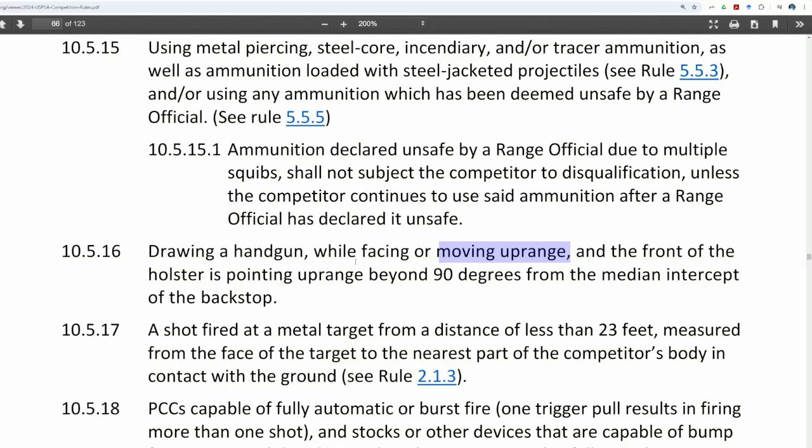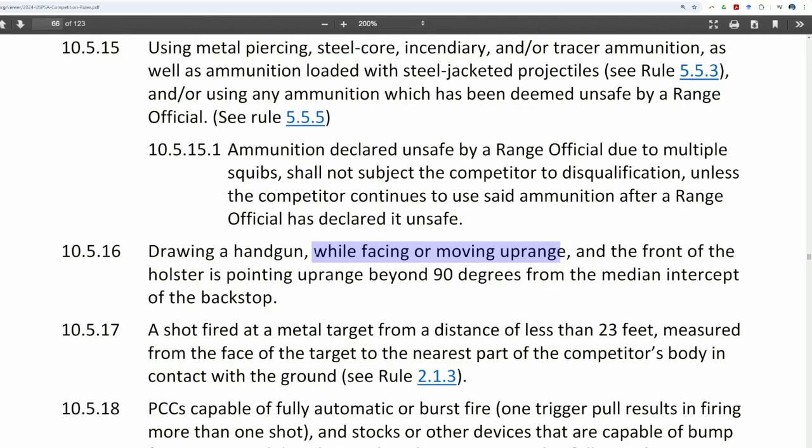So if you're an appendix carry person and somebody tries to DQ you under 10.5.16 especially for drawing, when you're not facing directly uprange or moving, I'm sorry, but 10.5.16 does not apply because this entire first clause does not apply. So this and statement goes away.